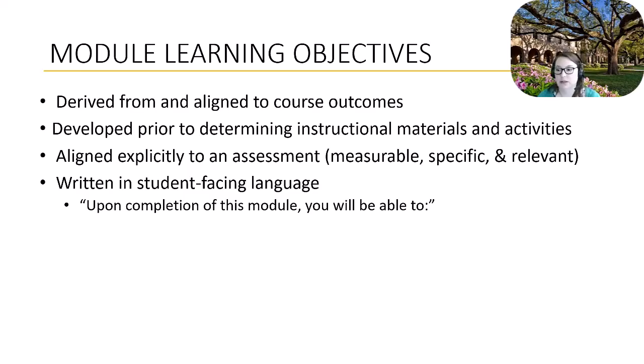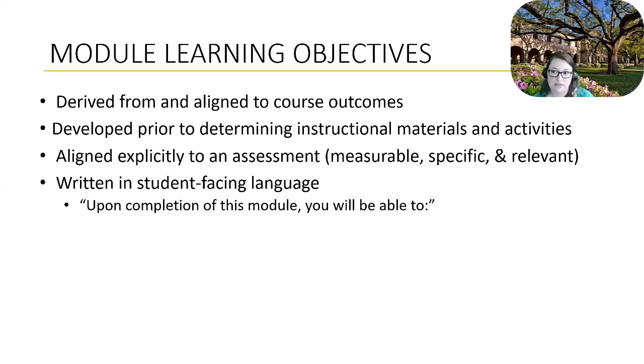That makes it easier for students to grasp the meaning and the use. We want to avoid discipline jargon and unexplained terminology. It's really to convey that this is about what the student will be able to do and not what the instructor will teach. So it's all about giving that transparency of, by the end of this module, I'm expecting you to be able to do X, Y, and Z.